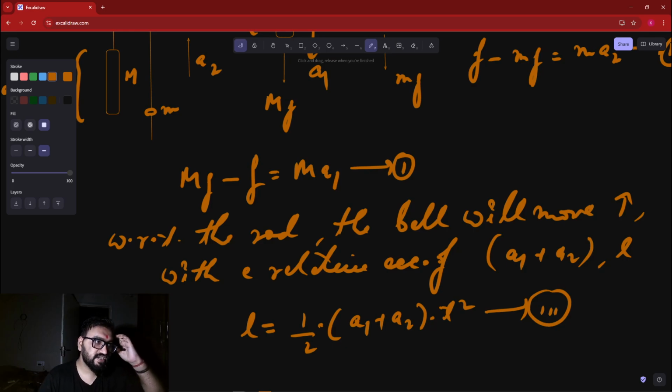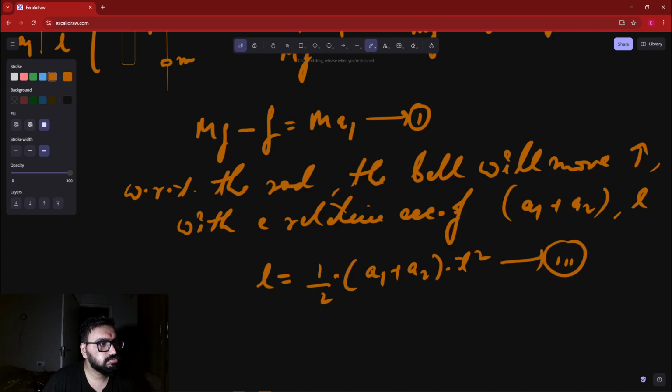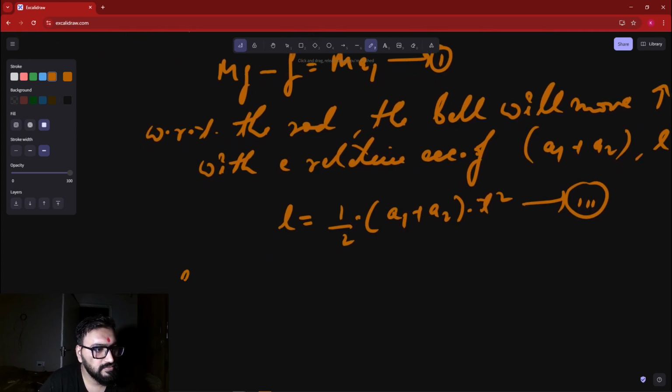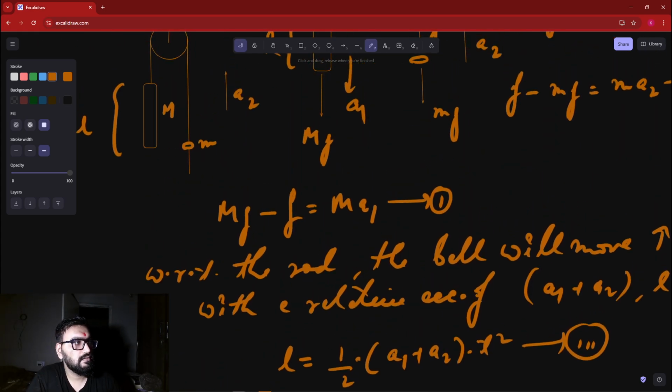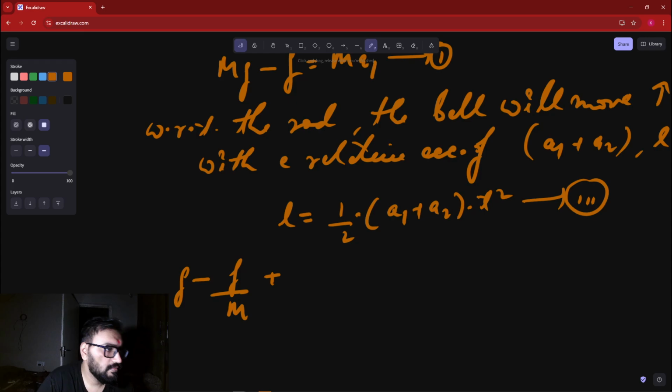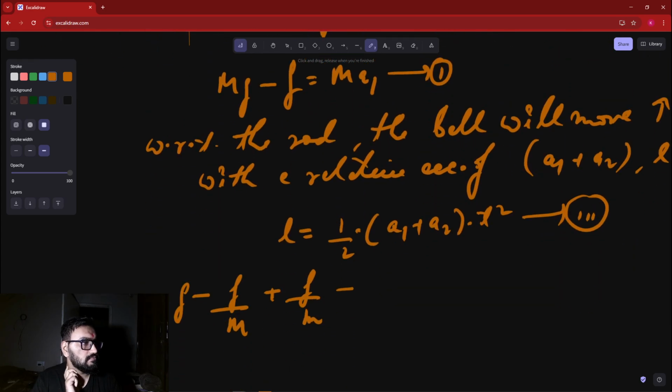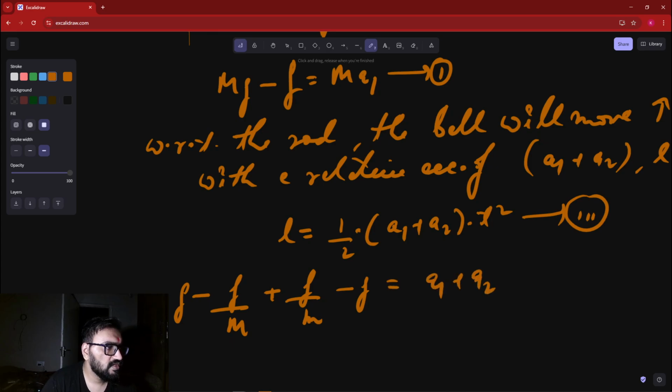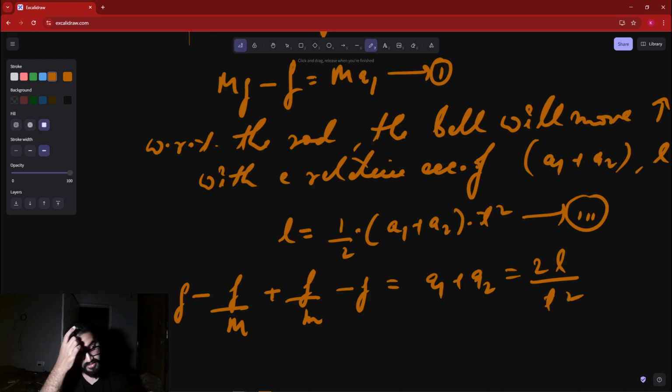The first equation and the second equation. All right, what will I get? g minus F by capital M plus F by small m minus g equal to a1 plus a2, and I can replace a1 plus a2 by 2L divided by t square, right, from the third equation.